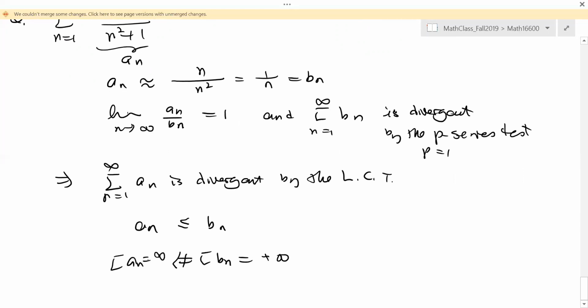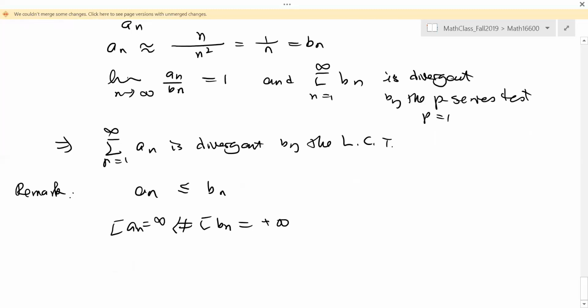That's the problem. Something being less than or equal to infinity does not mean that number is infinity. So you cannot use the comparison test.